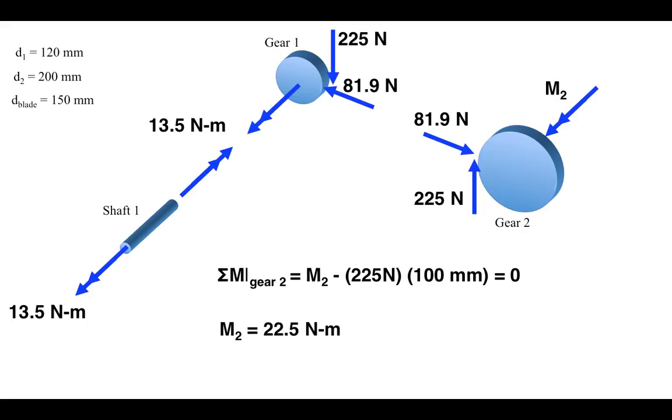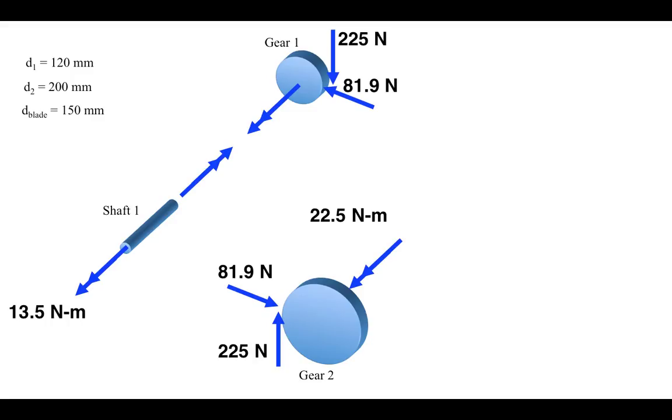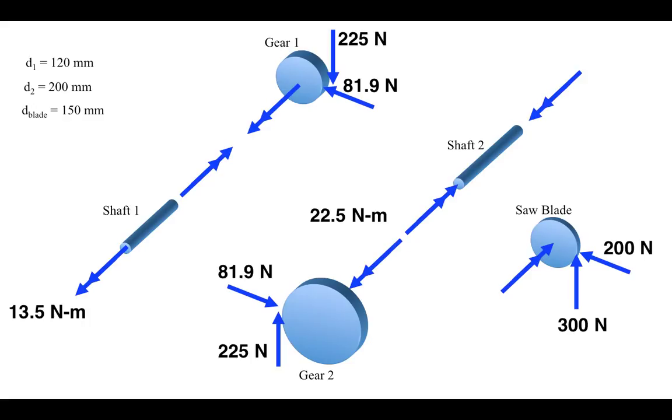There it is right there. So now we show that torque with its magnitude acting on gear 2. By Newton's third law, there is the equal and opposite torque acting back on shaft 2 from gear 2. And we need to determine the torque between shaft 2 and the blade. Well, if shaft 2 is in equilibrium, that torque again must be 225 Newton meters.